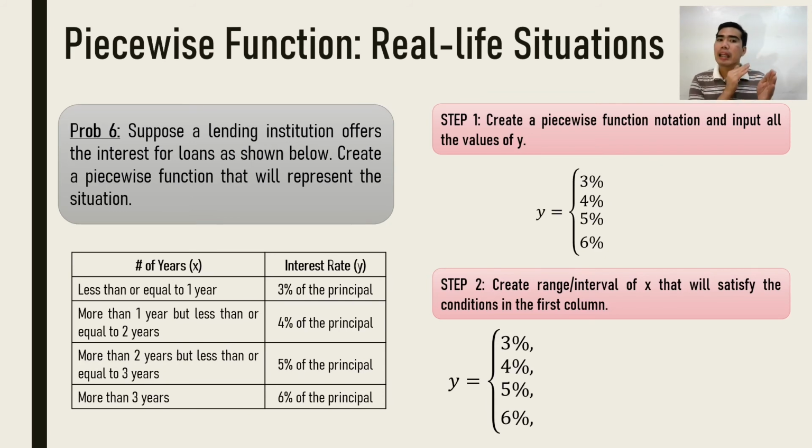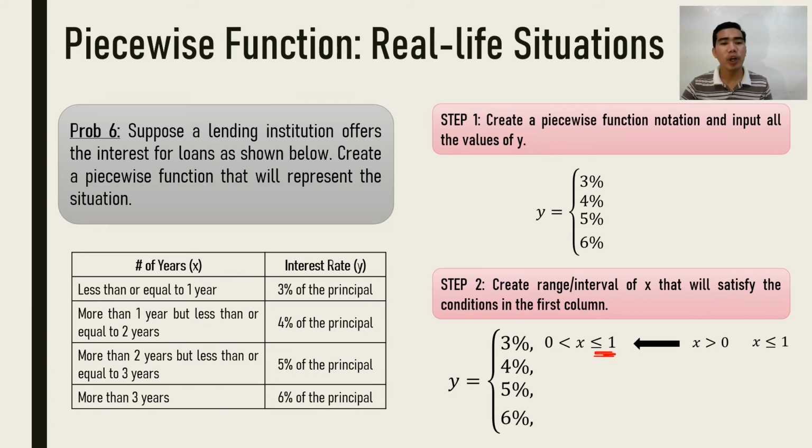Dahil less than or equal to 1 year. Wala namang year na negative. Tama? So that's why we have this one. Ayan. From 0 to 1, including si 1. Okay? Again, including si 1.